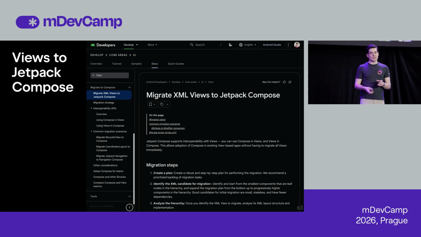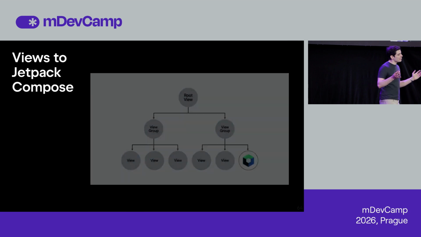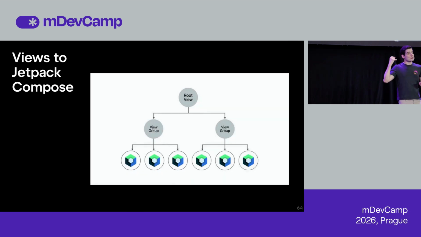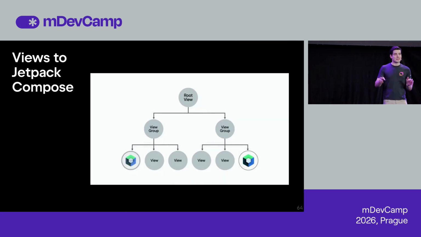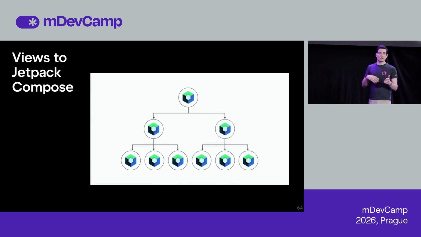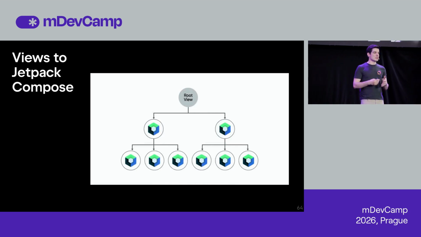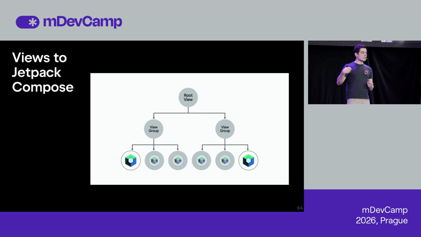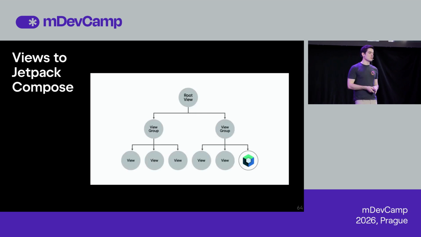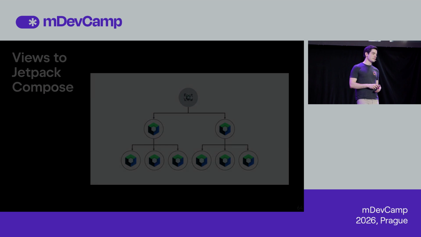Once again, the Android developer docs have very extensive documentation on how you can move from views to Jetpack Compose. And I'll keep saying this during the talk, this is also something you can do incrementally. So even within a single screen, there are, of course, interop APIs between the two UI systems. So you can move node by node, view by view, if you want to.